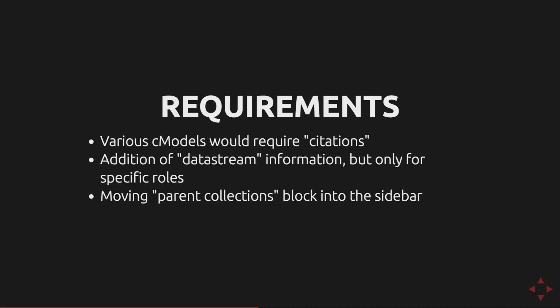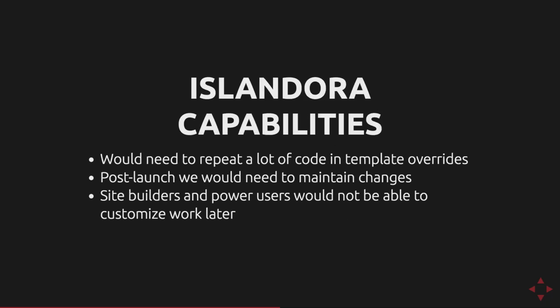But essentially what we have here is three things that are provided by Islandora Templates. So, Islandora's capabilities: if we were to just use Islandora, we'd need to repeat a lot of this code in template overrides. Different C models showing different metadata or different things would require us to override the templates a lot and copy and paste the same code into different templates to make sure we're being consistent.